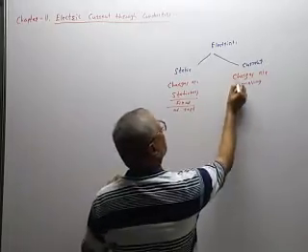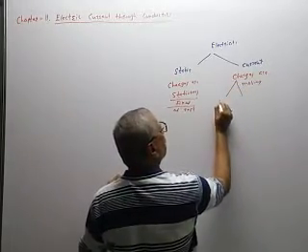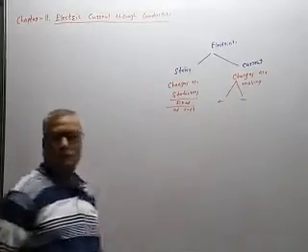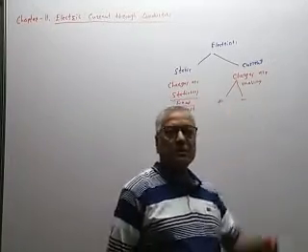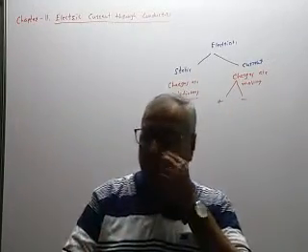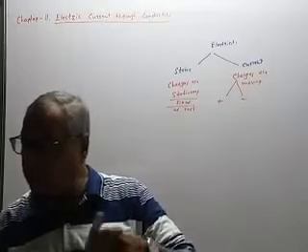Now, the charges again have two types: positively charged and negatively charged. The current is observed through a material due to the flow of the charges, positive charges as well as negative charges. It depends upon the type of the material.